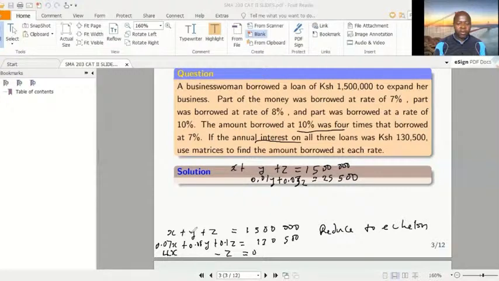And then z by 4, subtract from negative z, I have negative 5z. And then 1,500,000 multiplied by 4 gets 6 million. Subtract from 0, you get negative 6 million.